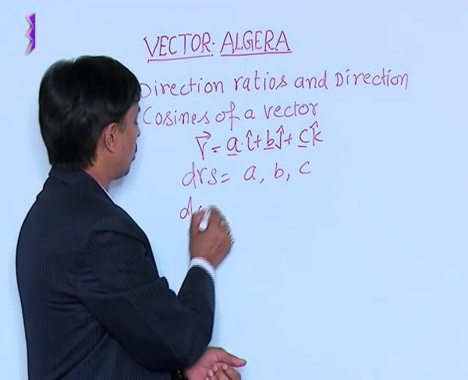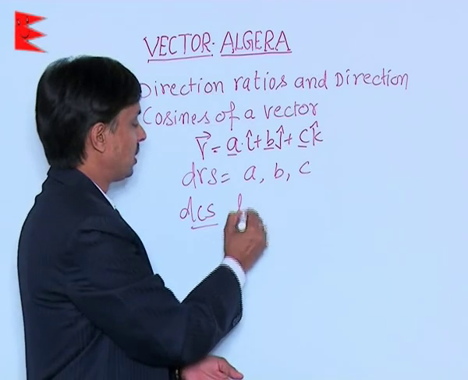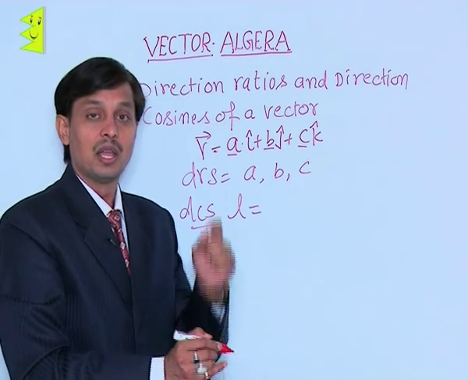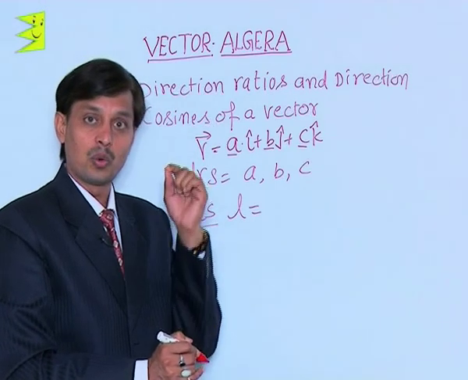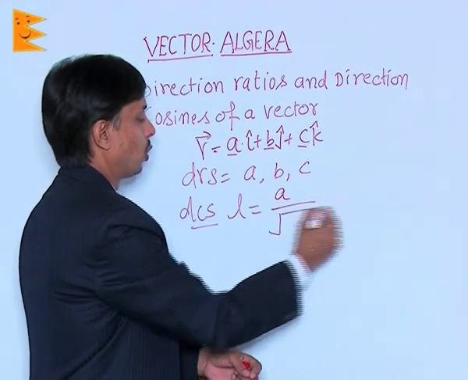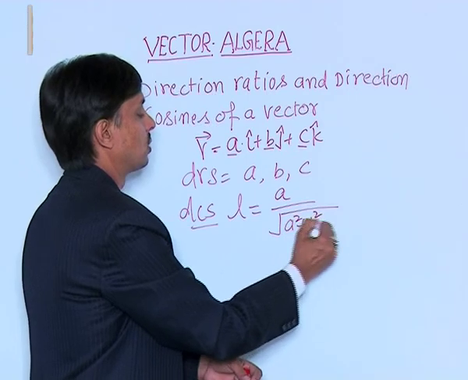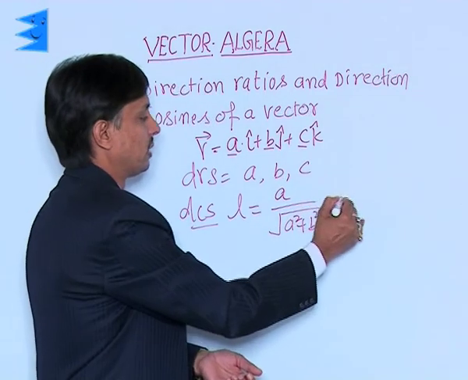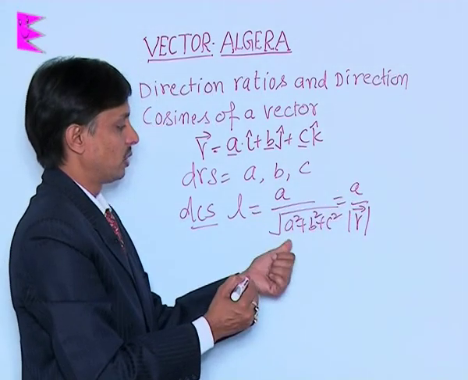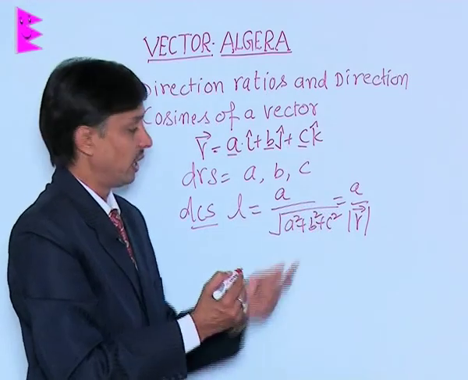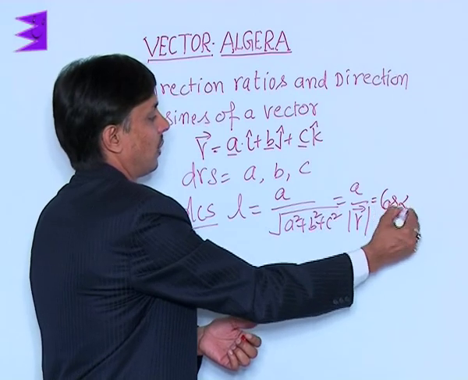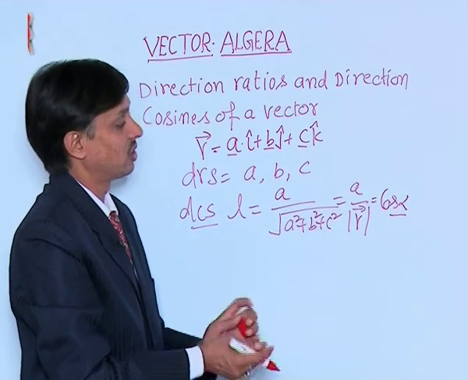Now the symbols for DCs are l, m and n. The first direction cosine, the cosine of the angle with the x-axis, is given by A upon root of A square plus B square plus C square, or A upon mod of vector R, and this is given by cos alpha.